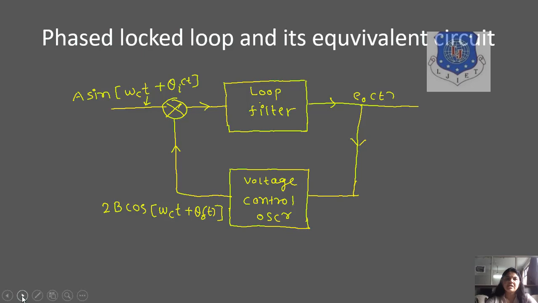The input signal, A sin(ωc t + θi(t)), is multiplied with the signal produced by the voltage control oscillator, 2B cos(ωc t + θo(t)). The loop filter is a low pass filter, and the output produced by this is e0(t).